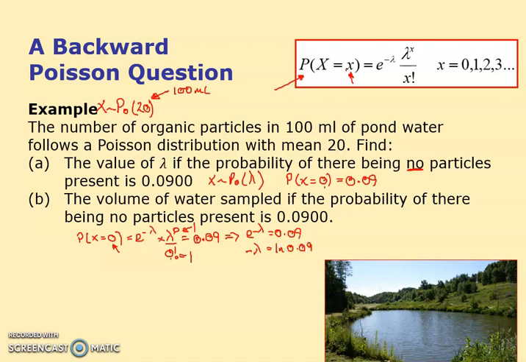I'm going to type that into my calculator because I have no idea what that is. The natural log of 0.09. Now I'm assuming it's a negative number, yes, because it was less than 1. So minus lambda is minus 2.408, which presumably means that lambda is 2.408. It's a bit more detail than I needed probably, but that's what I've got.